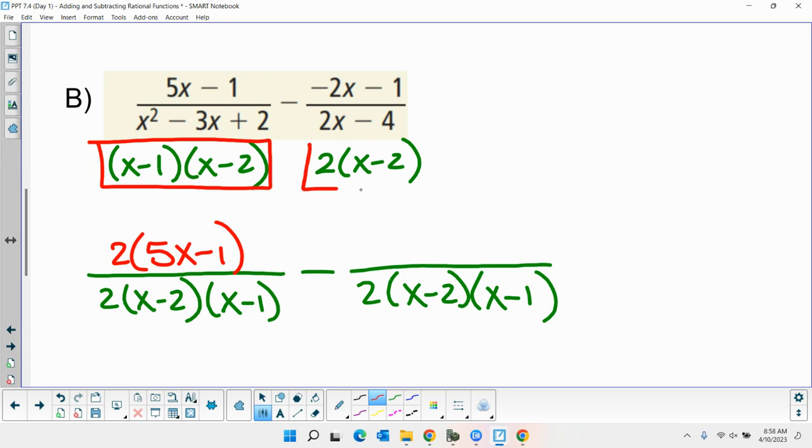Okay. Here's the original denominator. What did I do to that? I multiplied by what? That x minus 1. You guys see that? What's different between the two? So I have to multiply that original numerator by that x minus 1.